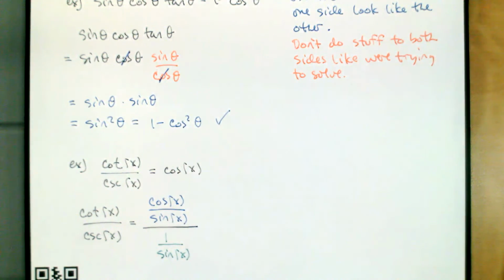At this point, we should see that the denominator in the top is a sine x, and the denominator in the bottom is a sine x. We have a common factor of 1 over sine x that we can cancel out. We're usually not trained to see it that way.